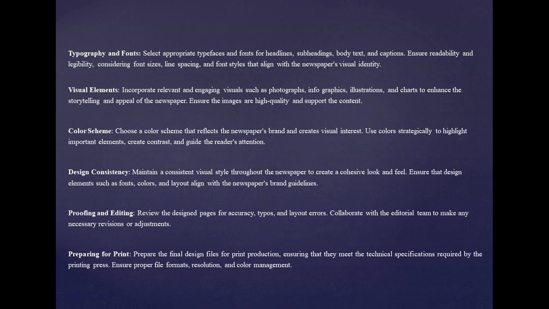Visual elements. Incorporate relevant and engaging visuals such as photographs, infographics, illustrations, and charts to enhance the storytelling and appeal of the newspaper. Ensure the images are high quality and support the content.